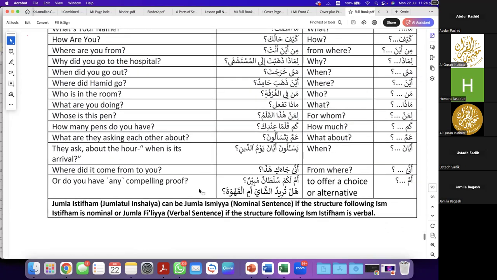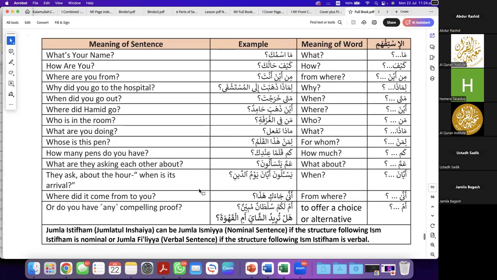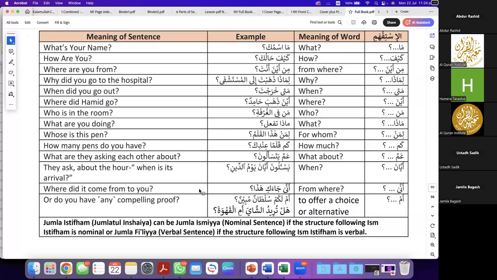Ustad. No problem. Okay, so we've introduced each of the Ismul Istifham, and now we'll go for the examples. So the repetition will help you remember, inshallah. First example is ma, and the example we have is masmuka. What is your name? So ismuka would be your name. Just by adding ma, it creates a question.